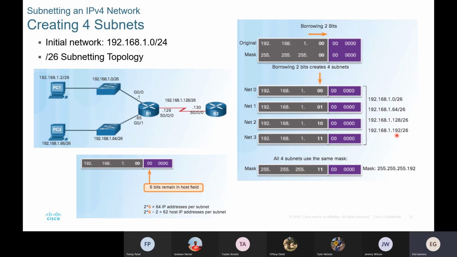Now, valid IP addresses will be 64 minus 2, which is 62. So we have 62 host IP addresses in total, or valid or usable IP addresses, in each subnetwork.